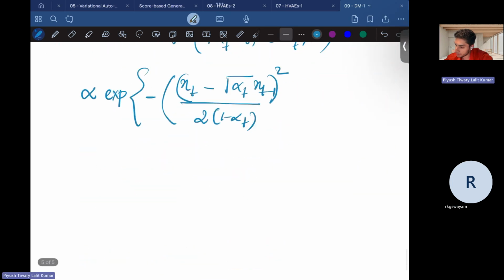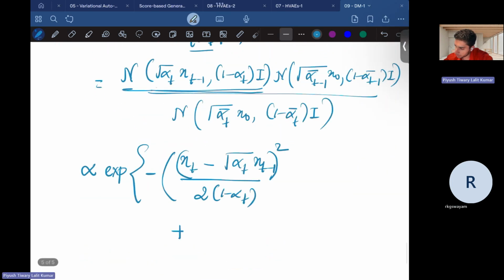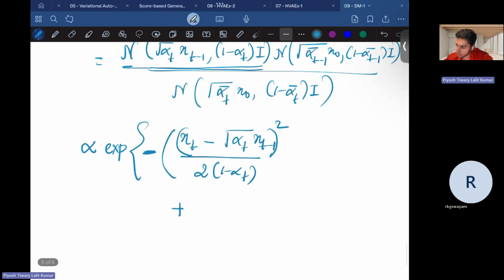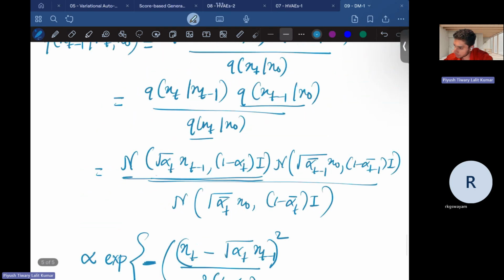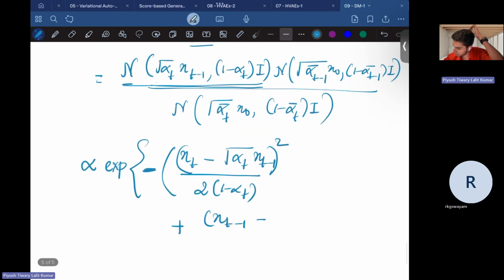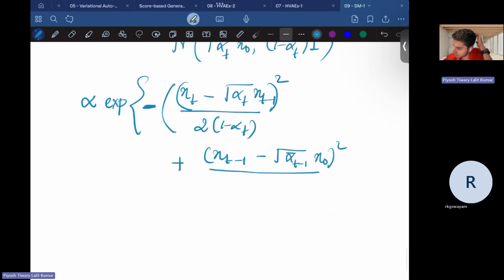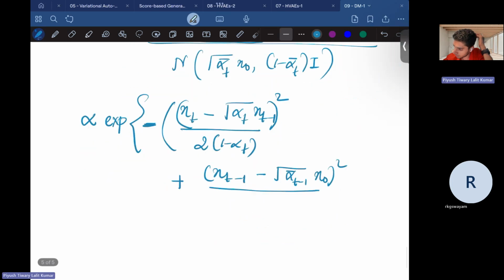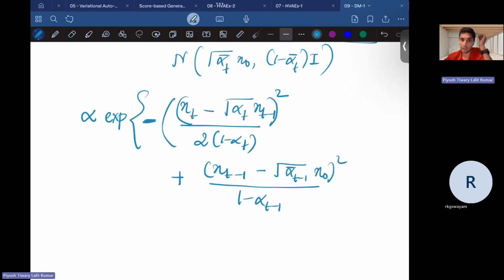What will be the second term here? The negative is already taken outside. So this is x for xt minus 1, so it's xt minus 1 minus, what is the mu? Mu is square root of alpha t minus 1 bar x naught, whole square, divided by 2 times 1 minus alpha t minus 1 bar.